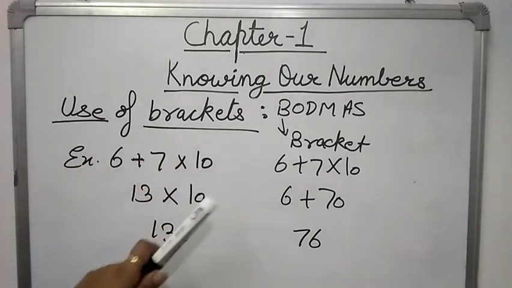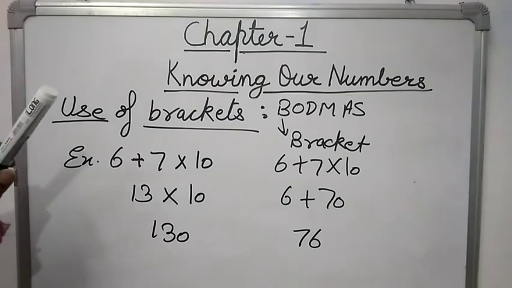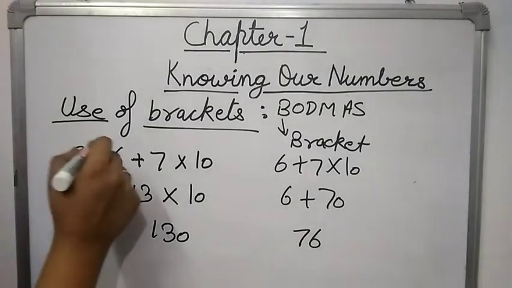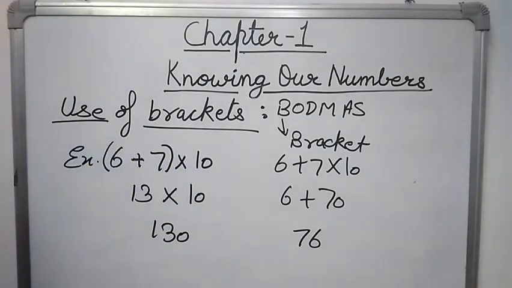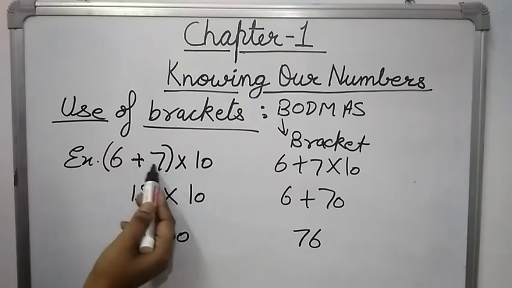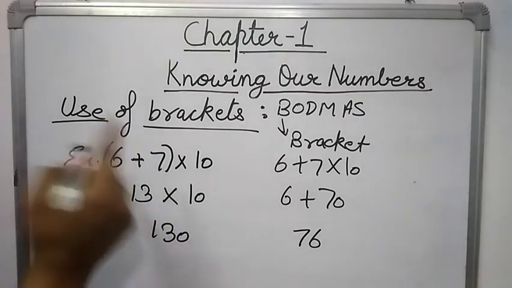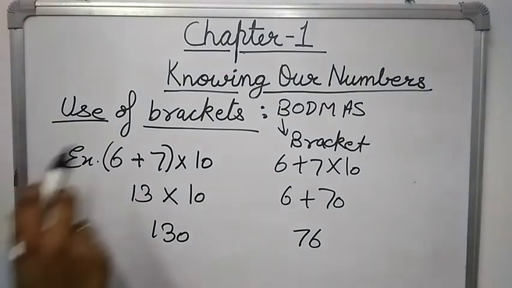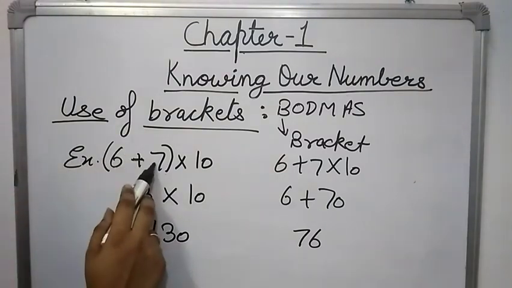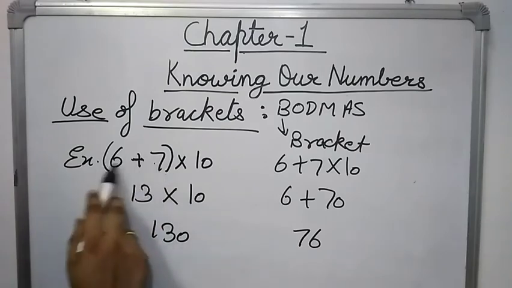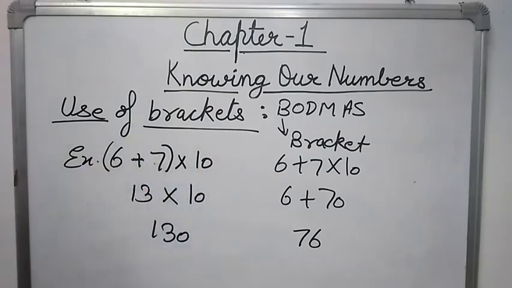This is because there is no bracket in the question. If I had marked these brackets, both of them would get the same answer, because this bracket means we need to solve the two numbers inside the bracket first. We will first add 6 plus 7 and then multiply the sum of 6 plus 7 by 10.